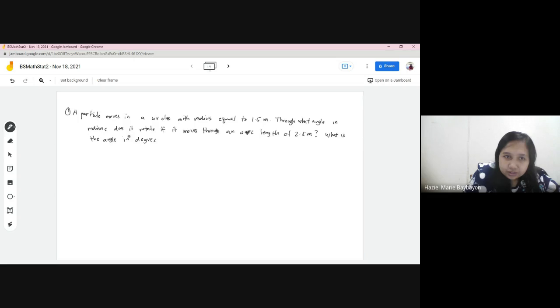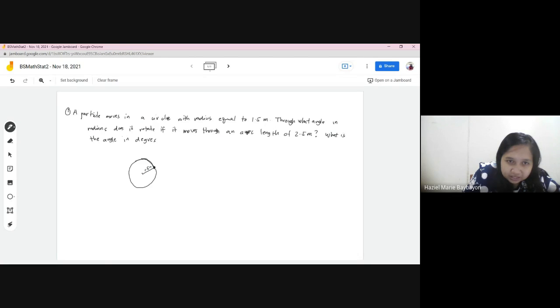Okay, so we have a circle with radius equal to 1.5 meter. And then we are asked to find the angle in radians and in degrees. The particle on the surface of the circle, how much does it rotate if it moves through an arc length of 2.5 meter? Okay.